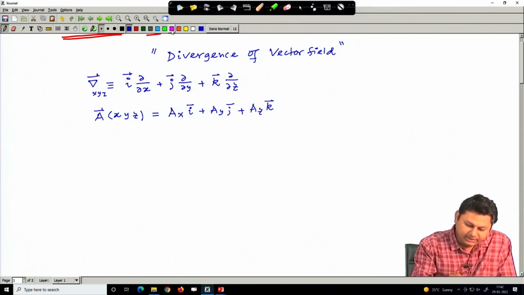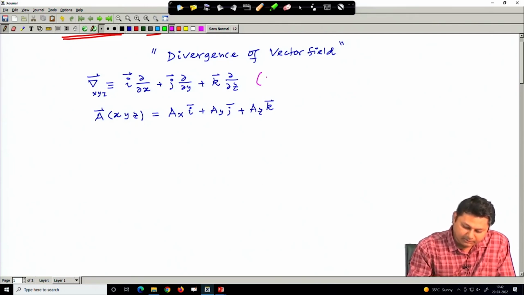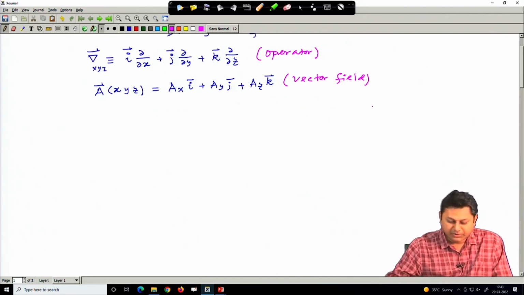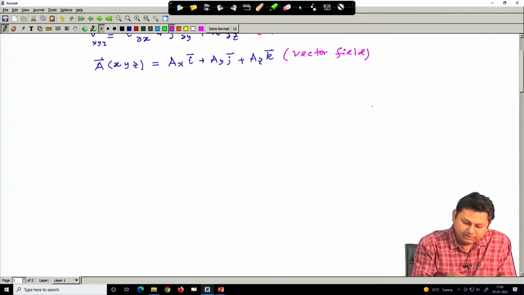So, this quantity is an operator and it is going to operate over the vector field. The mode of operation is like a dot product.